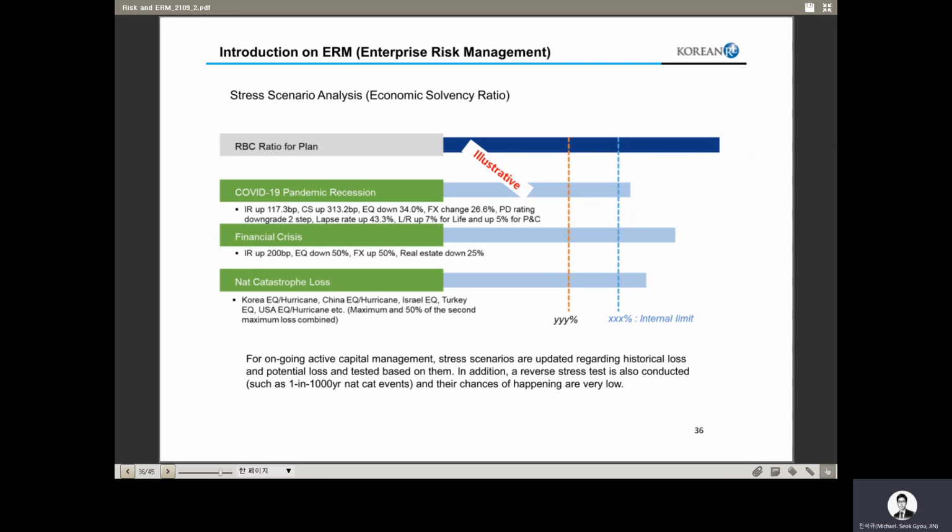We also conduct a reverse stress test, such as a 1 in 1,000 year net cat event. The chances of all of these stress scenarios and reverse stress scenarios happening are very low, and we are well managed with them.